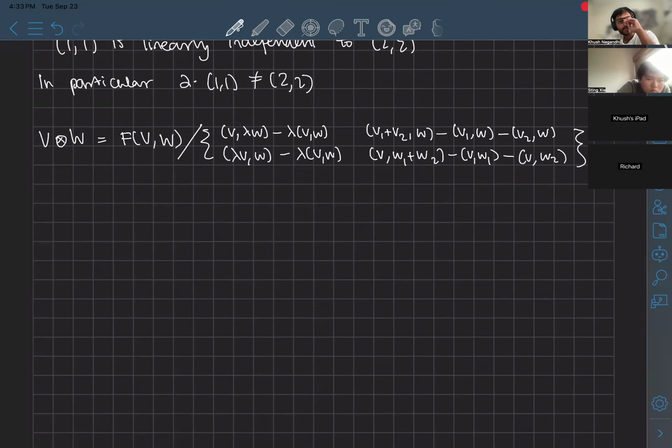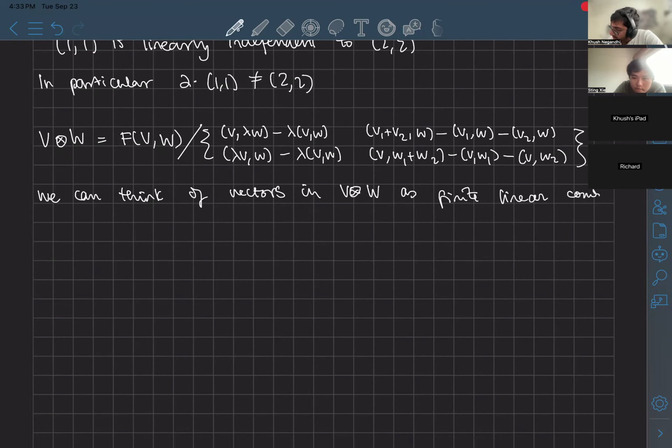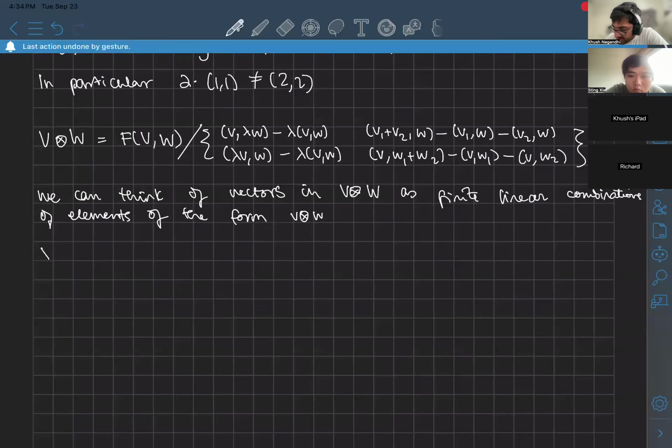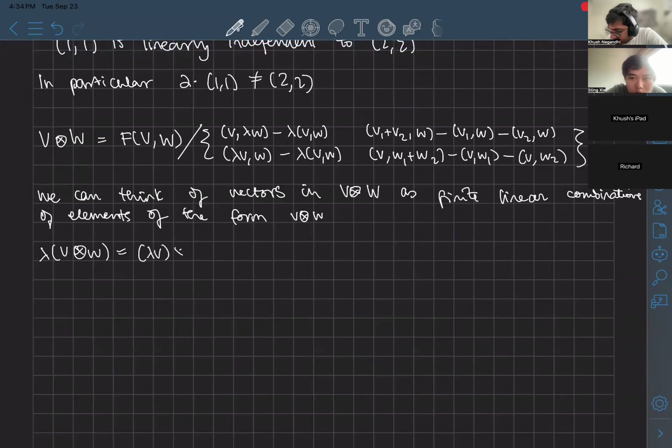So we can think of vectors in V tensor W as finite linear combinations of elements of the form V tensor W. But what we can do is if we have lambda of V tensor W, this is the same thing as lambda V tensor W, but this is also the same thing as V tensor lambda W. And also it's linear in each component.